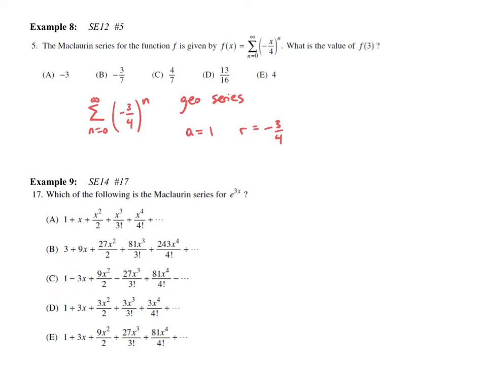So your sum will be a, which is 1, divided by 1 minus r, so 1 plus 3/4. And if you do a little bit of fancy algebra here, multiply by 4, you get 4 divided by 4 plus 3, and so we get a sum of 4/3.